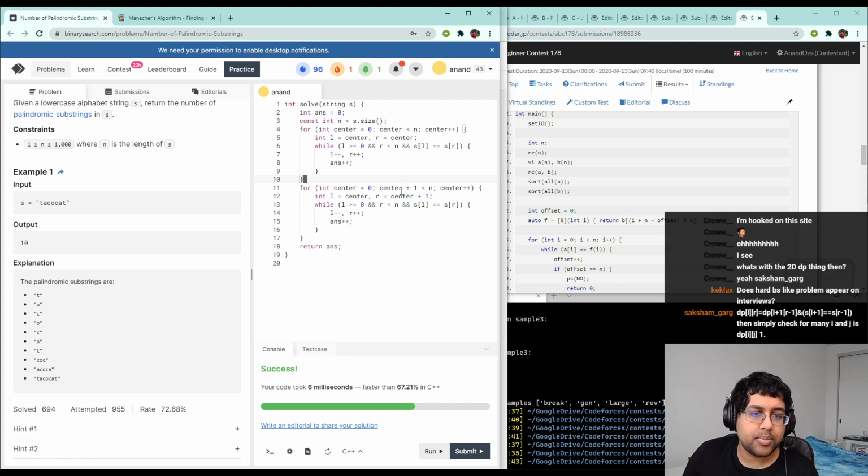But basically the core concept between Saksham Garg's solution and my solution is the same, which is that you can take an existing palindrome and expand it by one letter in each direction, and that saves you a factor of n in your runtime.